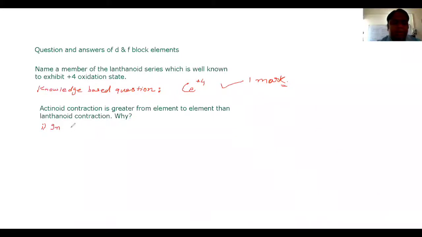In actinoids, the valence electrons enter into 5f orbital.